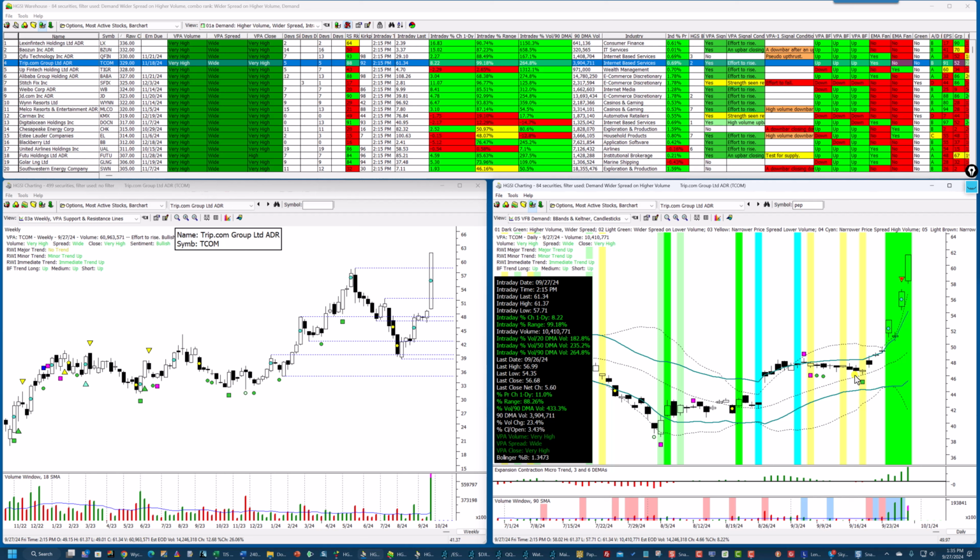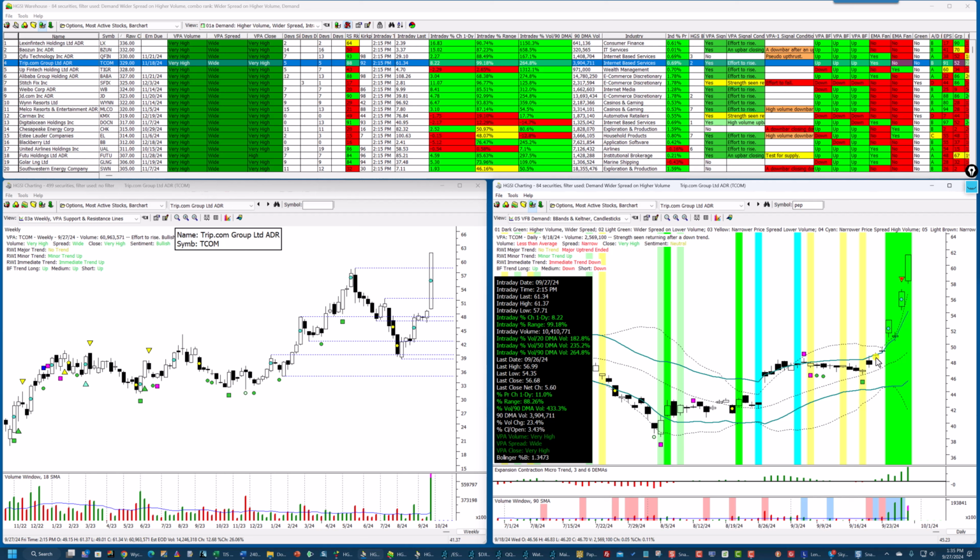Amazing. Here it was under accumulation with these yellow bars, and you can see the VPA flag showing up also. Right here, strength seen returning after a downtrend, and then it started going. No signals in here because you can see these small candles.